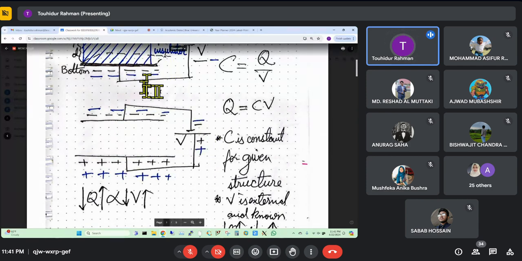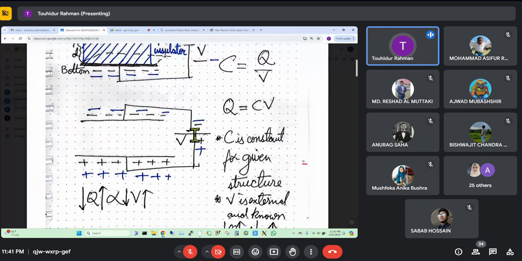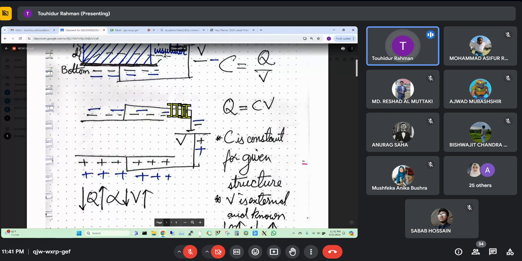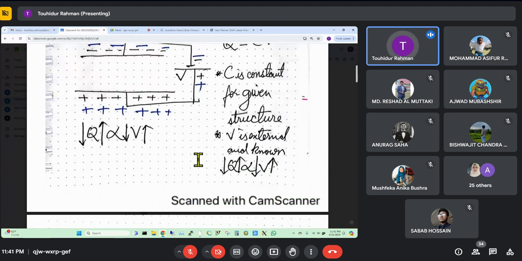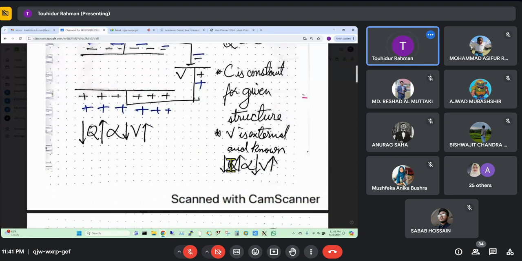Similar to the previous situation, if we apply more negative voltage, there will be more negative charge at the top metal and more positive charge at the bottom metal as defined by two different colors, black and blue, which means that the charge is proportional to the voltage even for the negative voltage.